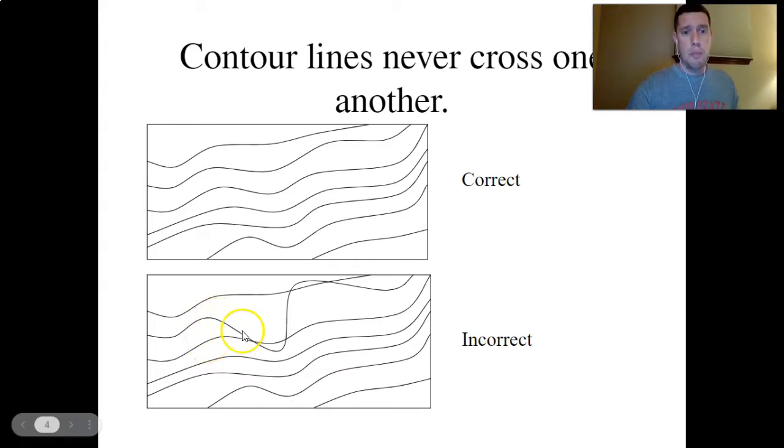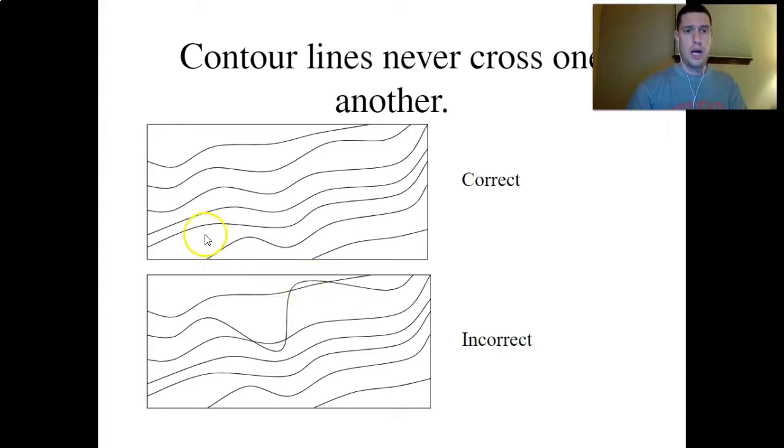A spot on a map cannot both be 100 feet above sea level and 120 feet above sea level. One point, one place in time can't be 2 different elevations. It's going to be one or the other, right? And this 100-foot line can't all of a sudden be greater than 120 feet. And at the same time, it can't be less, this 100-foot line can't now be less than 80 feet.